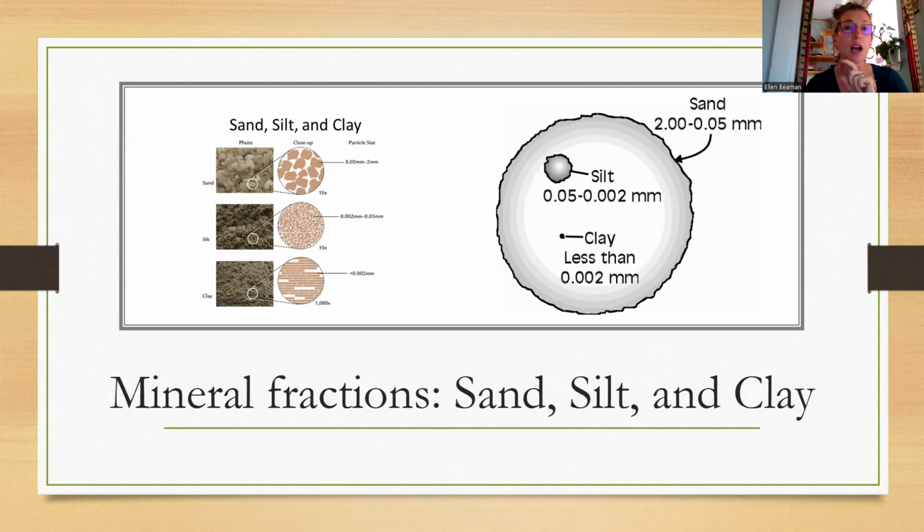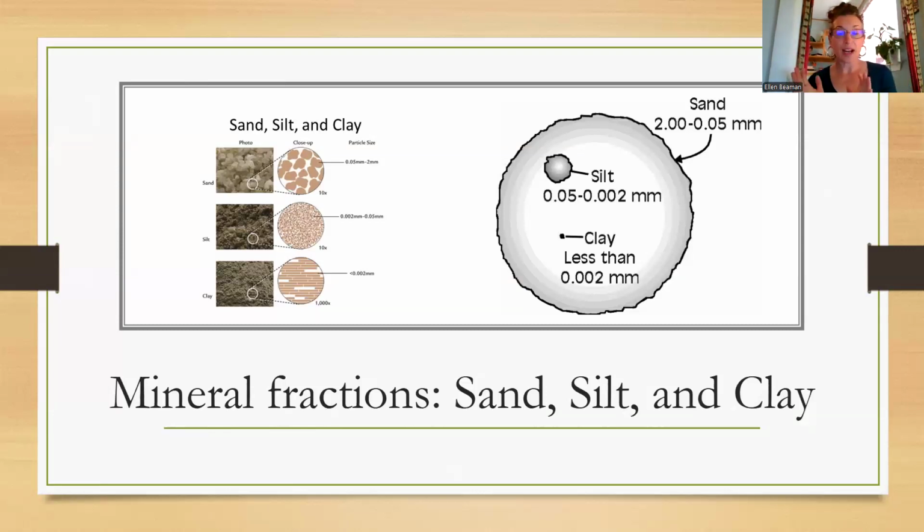So if we move our eyeballs over to the left-hand side of the screen, we can see a photo zoomed in of sand, and then we see a little artistic representation of individual sand particles. And we can see that at 10 times magnification, they are irregular in shape and they have irregular edges, which is what causes that gritty texture. And they are fairly large in size.